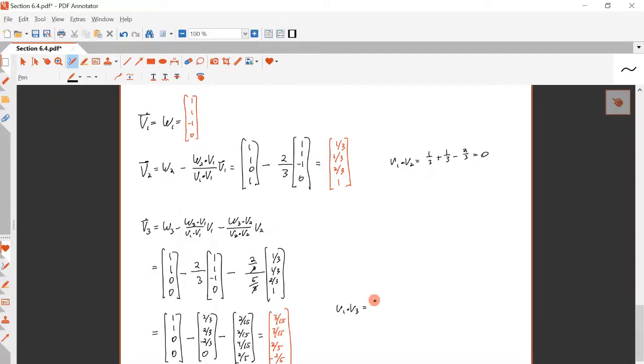So the dot product is 3/15 plus 3/15 minus 2/5, which is 6/15 minus 6/15, and that is 0.